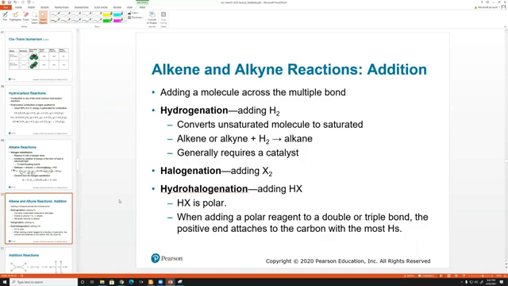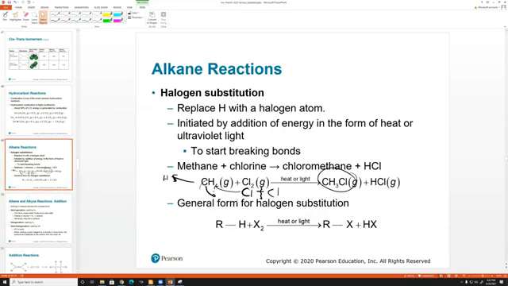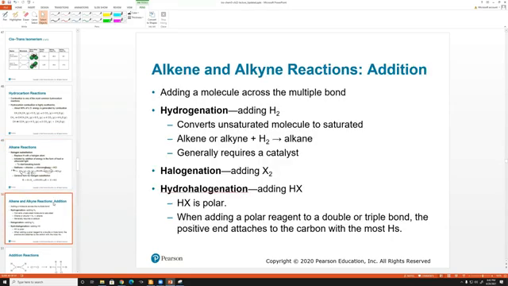Okay. Then you have halogenation. So we're adding the halogen, the diatomic halogen, and like we saw before, that's halogen substitution, basically. So you're substituting one of the hydrogens in your molecule for a halogen.